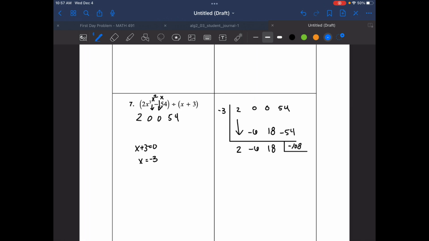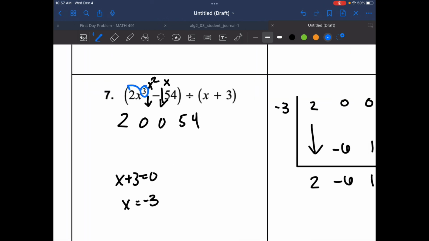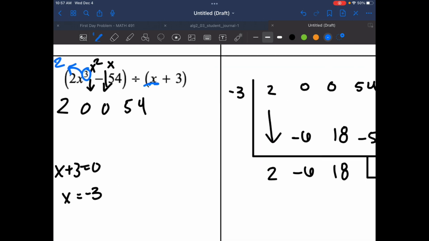I'm going to say that we started with a third, so we need to go to the second power now because we've divided an x out. And what I mean by that is if I do x squared over x, that's the same thing as x. Okay?